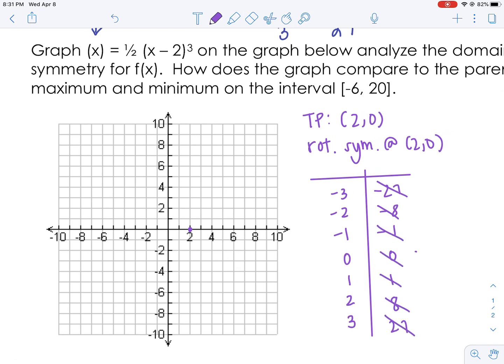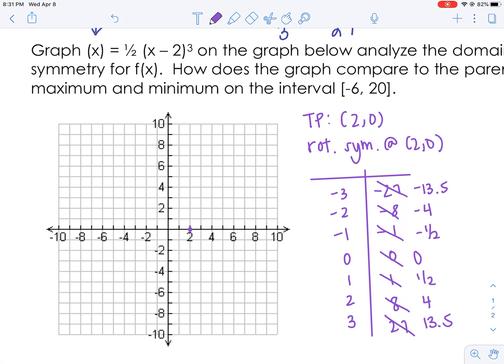So (0, 0) still stays the same. But now -8 would be -4. -27, half of that would be -13.5. -1, half of that would be -1/2. Because remember, when this half is on the outside, it's vertical compression. It's shrinking all of my y values.